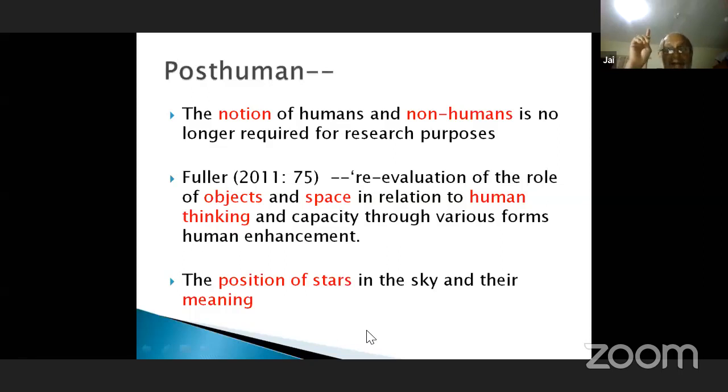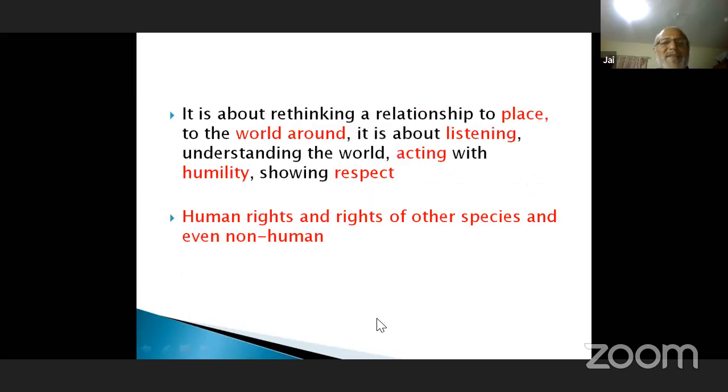And look at the star. You look at the star, you think about the position of the star, and then you have the meaning out of it. And if you look at the moon, you have a meaning out of it. So this is what post-human applied linguistics is all about. Then it is about rethinking the relationship to place, the world around. It is about listening. If you close your eyes, you can listen to the stones.